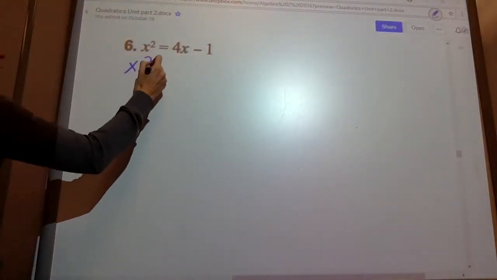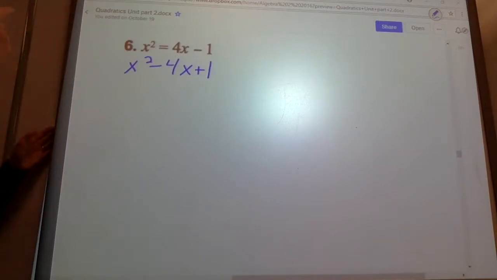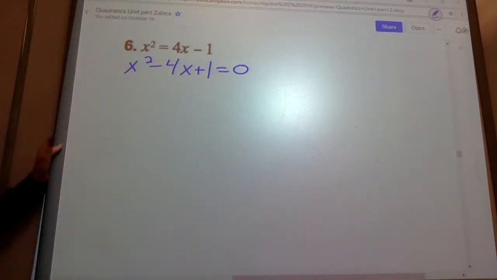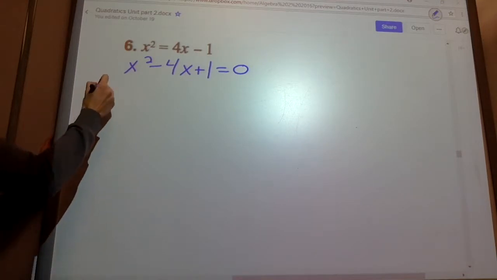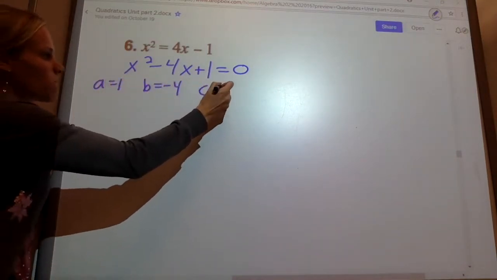So again, standard form. So subtract the 4x, add the 1 to get it to the other side, right? And remember, quadratic formula is find your roots. Where is this parabola crossing the x-axis? That's what we're finding. So my a is 1, my b is -4, my c is 1.